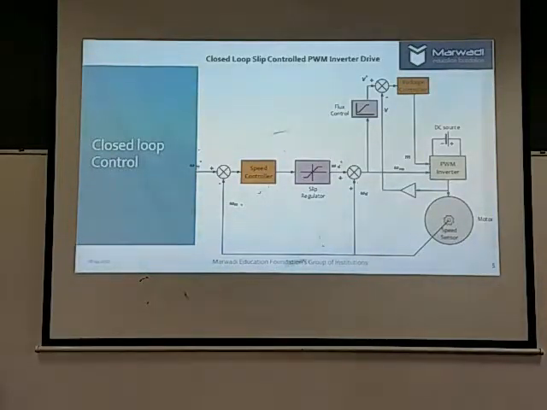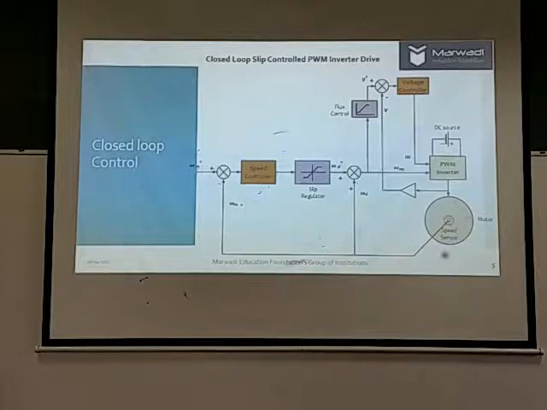We know that variable frequency drives are popular in industry, and the part shown here is a block diagram of a closed loop variable frequency drive, where the PWM inverter provides variable voltage and frequency which is supplied to the induction motor.